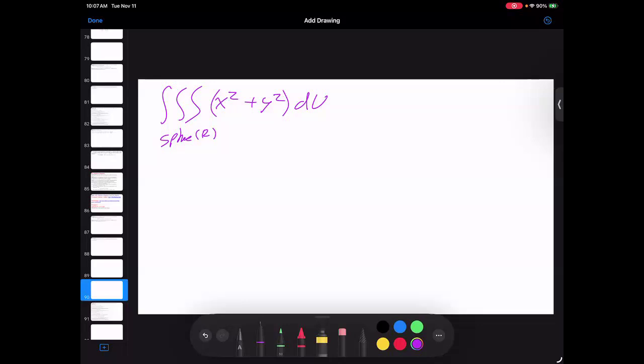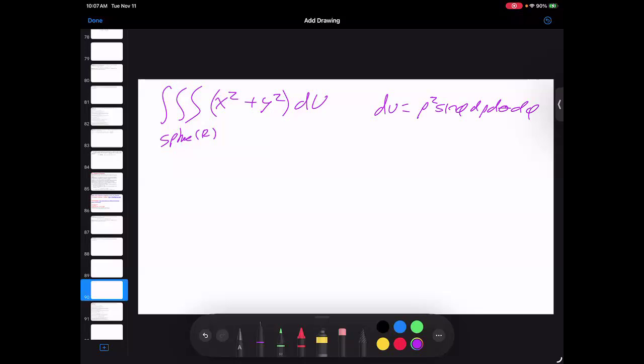My daughter had to do this problem last night. Does anybody know what is close to x squared plus y squared that would be nice to integrate on a sphere? So dV is going to be rho squared sine phi d rho d theta d phi.